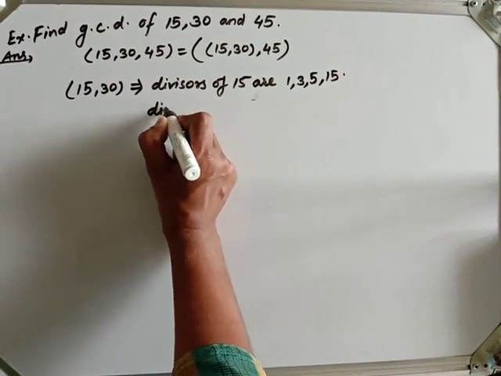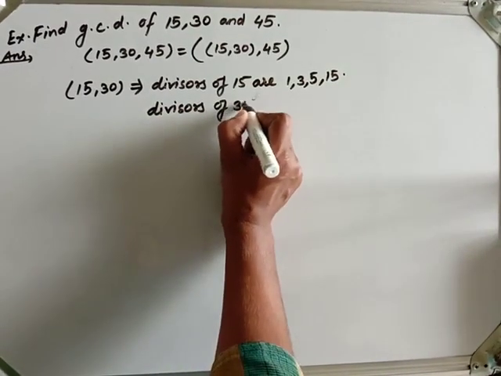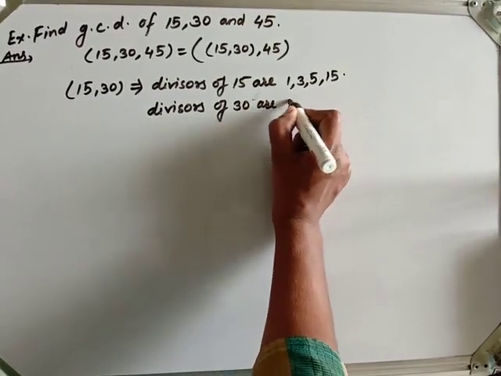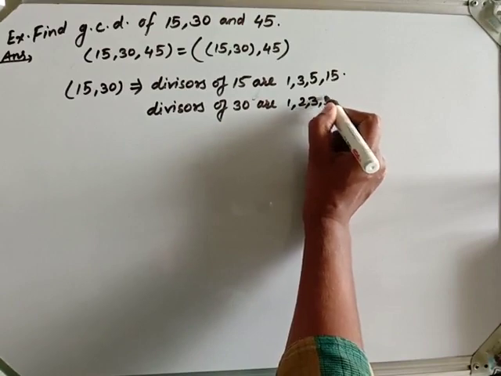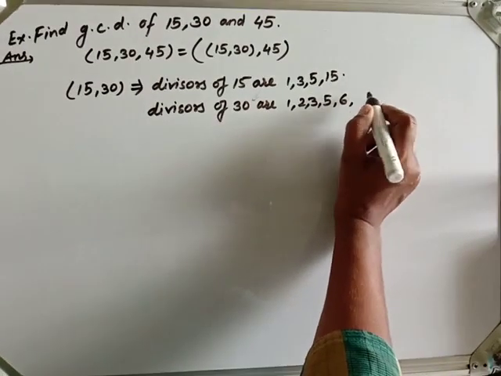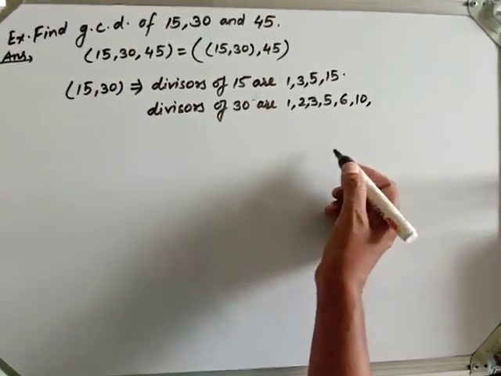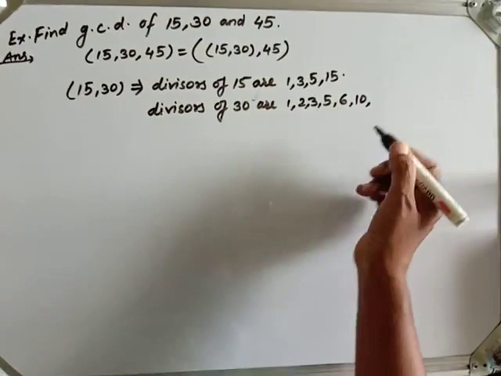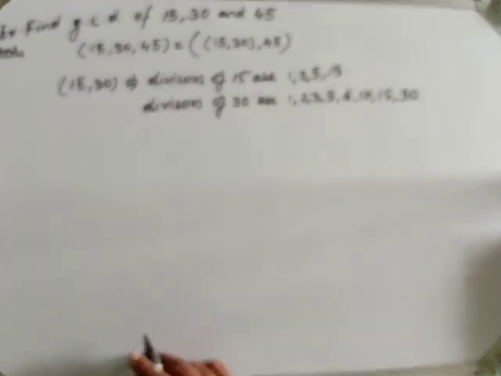Again, what are the divisors of 30? They are 1, 2, 3, 5, 6, 10, 15 and the next one is 30 itself.